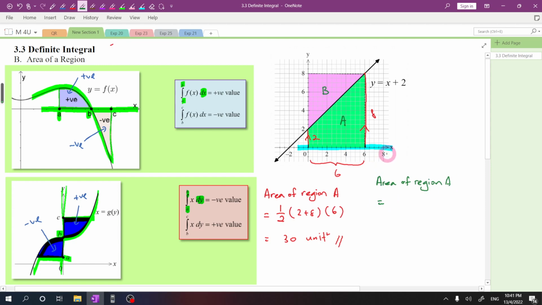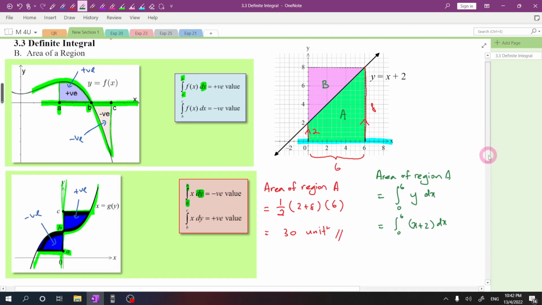Since this is the x-axis, it is y dx. This is dx, so these two numbers, lower boundary and upper boundary, must be taken from the x-axis, which is 0, 6. So what's y? y is equal to x plus 2, right? x plus 2 dx.